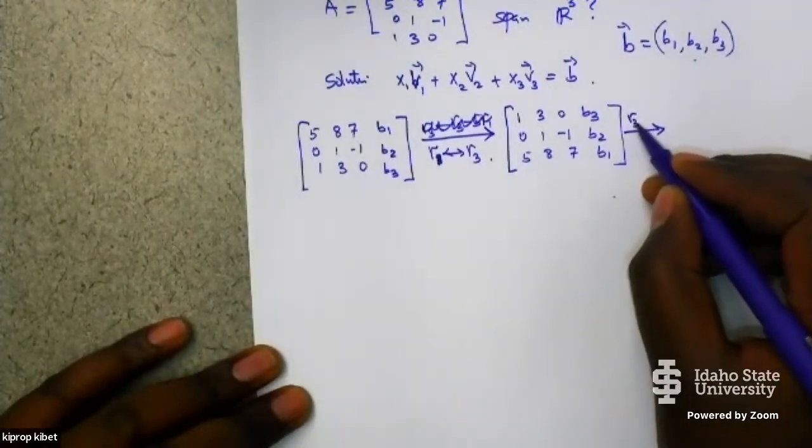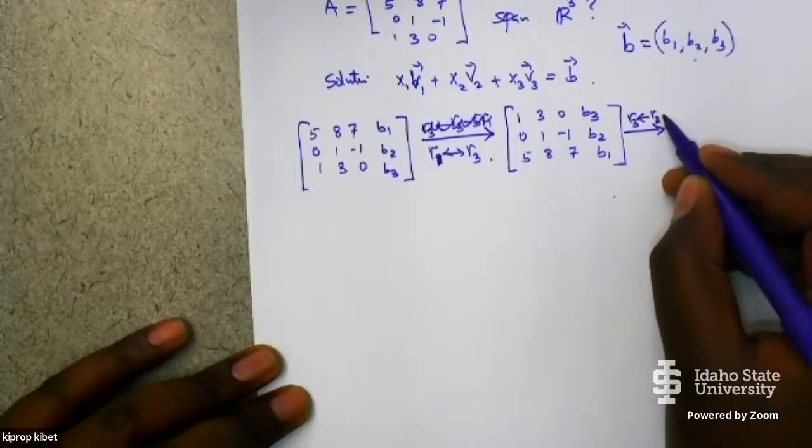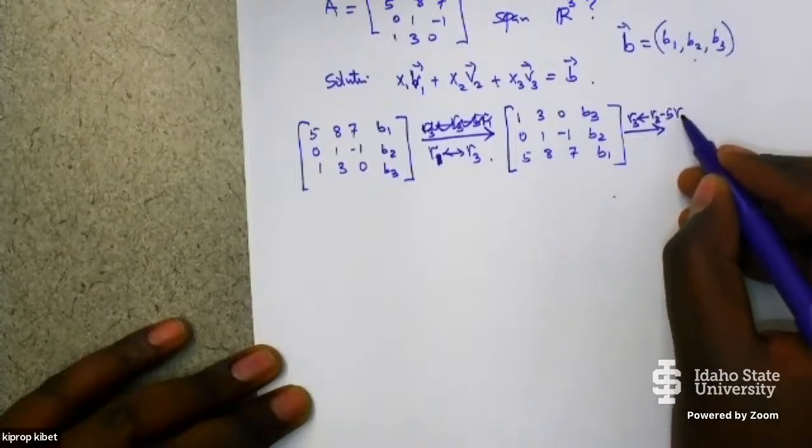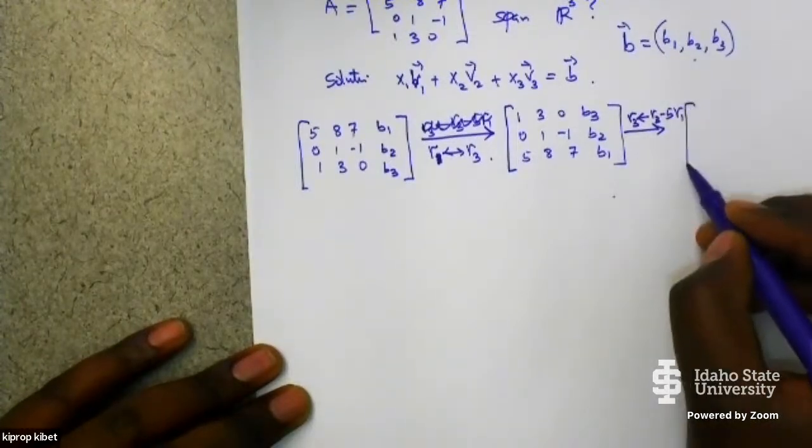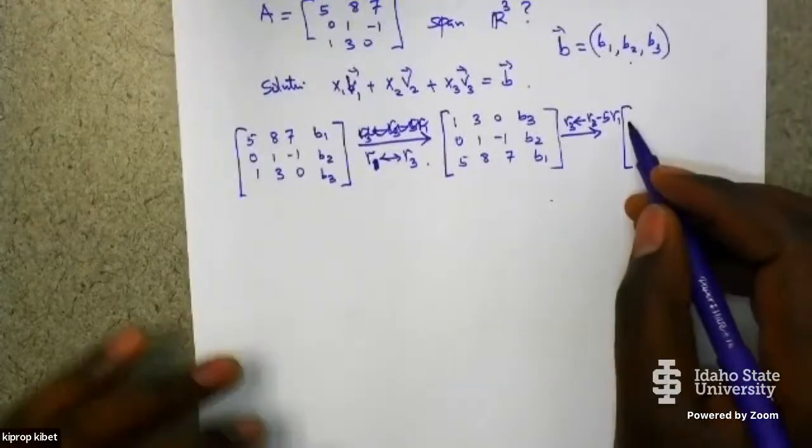To get the new R3, it is R3 minus 5 R1. So what do we get?